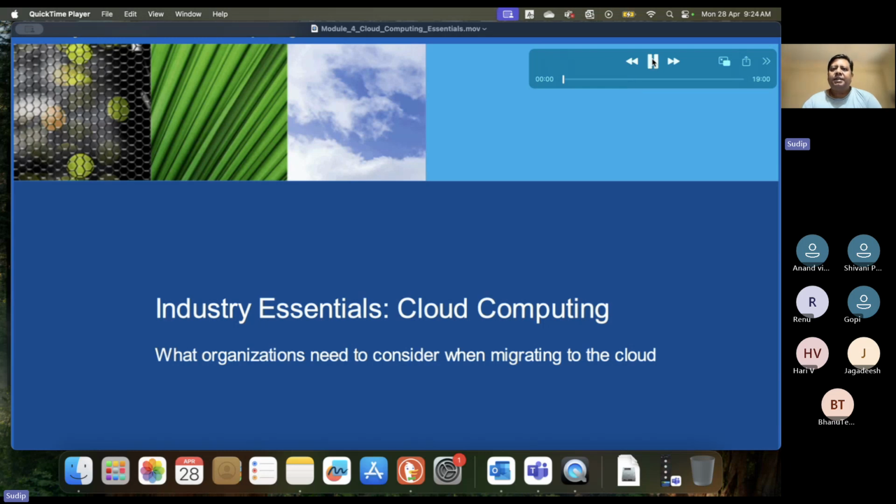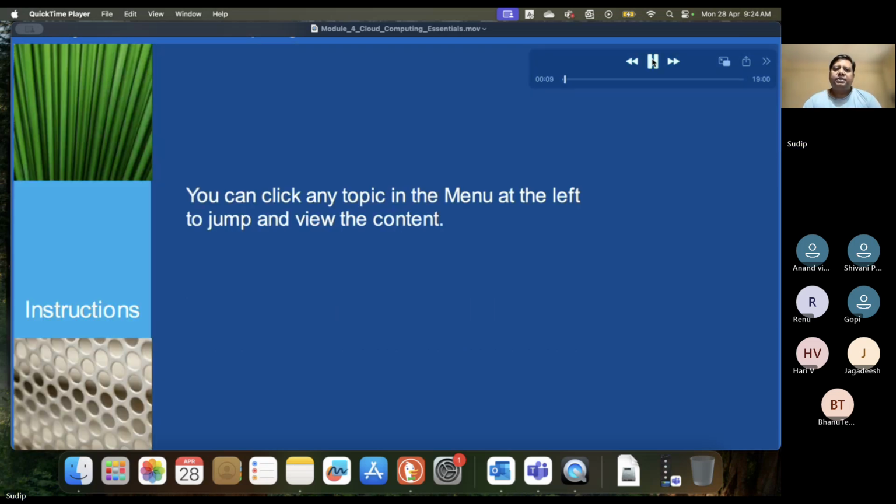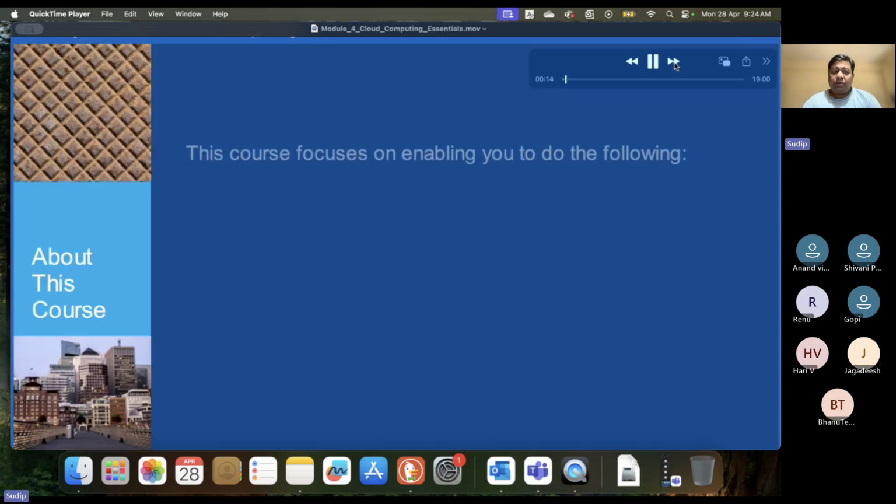So a little bit we'll go into the depths of cloud computing and try to understand the various terminologies and the concepts that go into it.